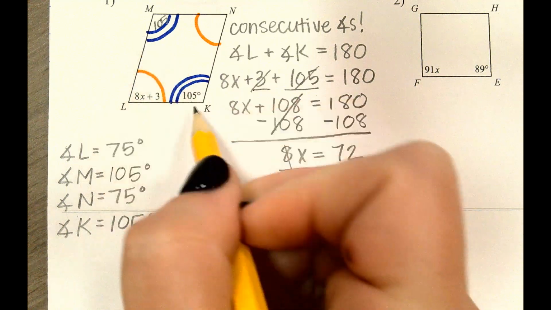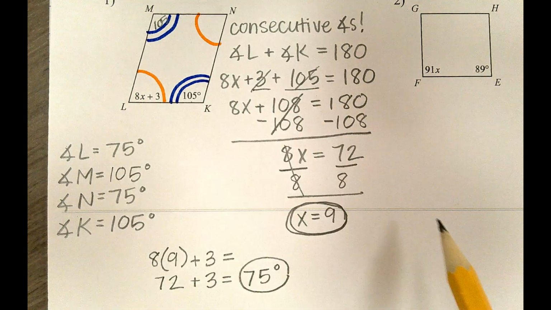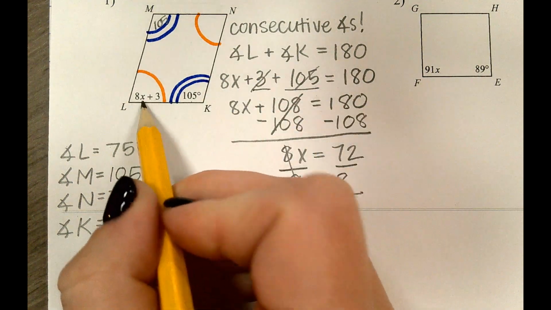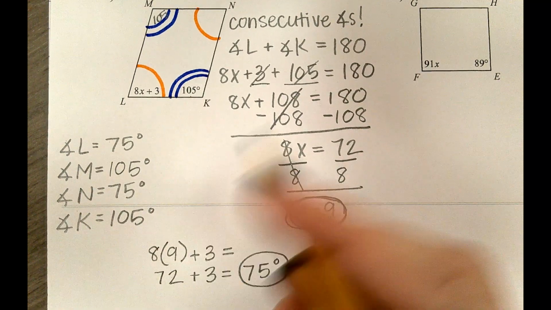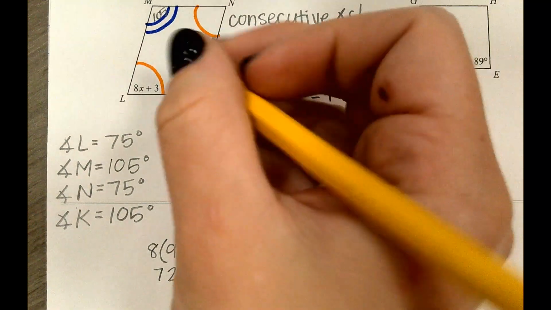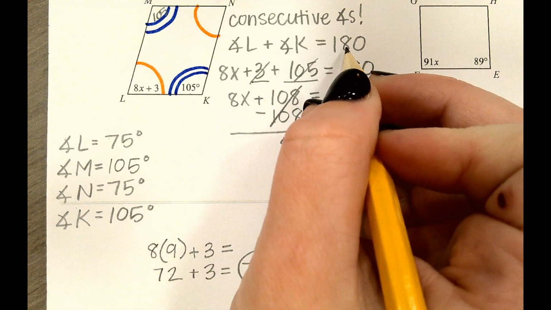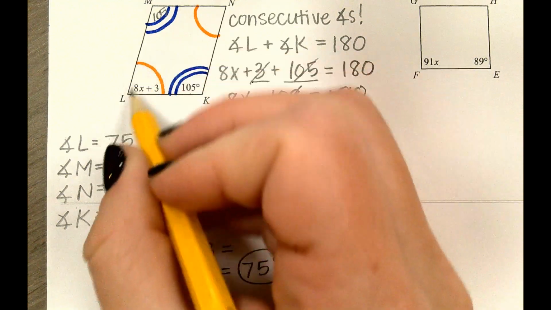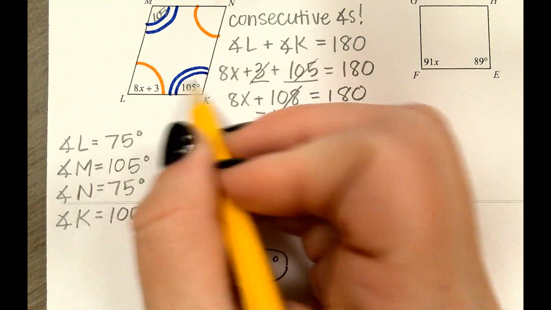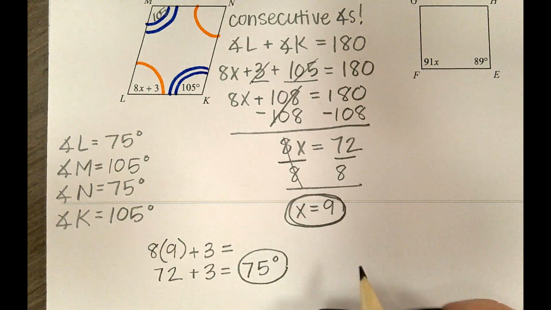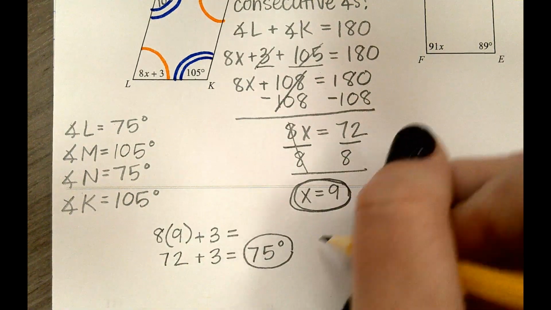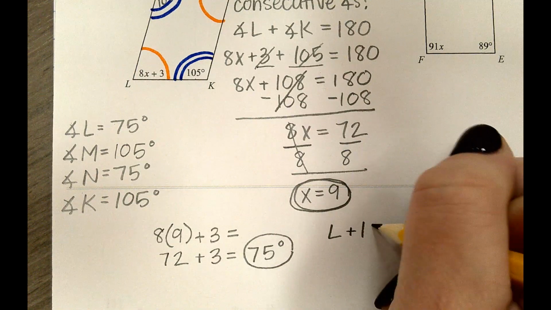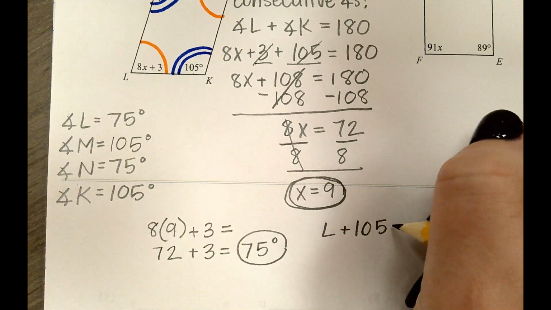An even easier way, though, without having to divide by 2 at the end, is I know that consecutive angles add up to 180 degrees. So I know L plus K is 180. What if instead of plugging in 8x plus 3 plus 105 is 180, I just did L plus 105 equals 180?